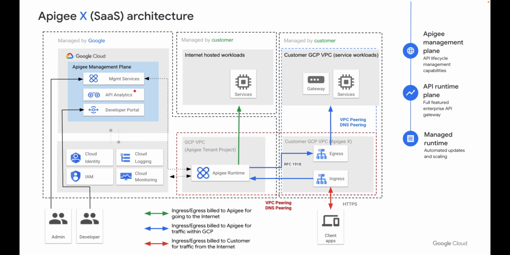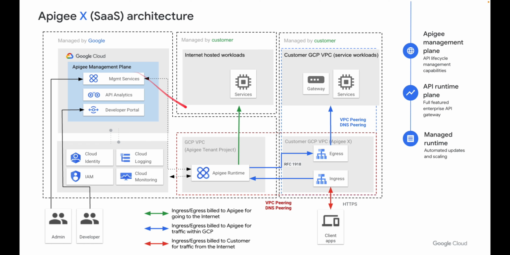Of course, the Apigee X solution can also play with other Google solutions like Cloud Identity, Cloud Logging, IAM, identity and access management, and Cloud Monitoring, to mention just a few of them. So this is the big picture, the architecture of the Apigee X solution.